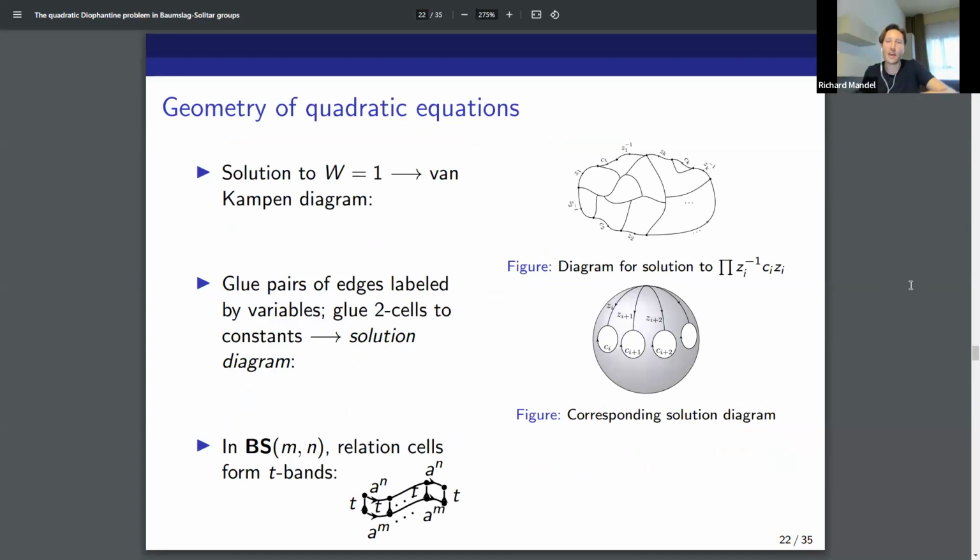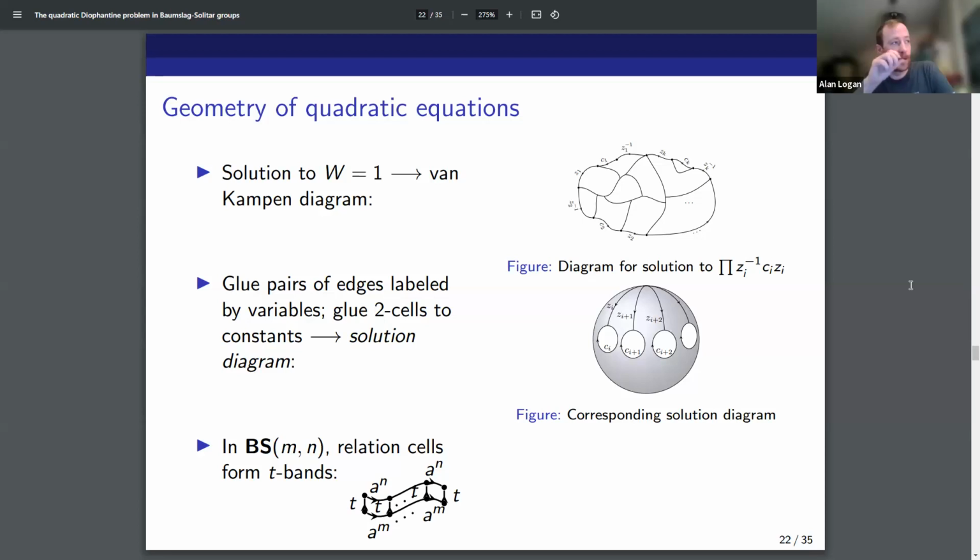The shaded gray area is tiled over an arbitrary group. We just have the relations of the group, and in BS(m,n) we have these bands, which enables us to actually prove things, because the bands can only do so much.